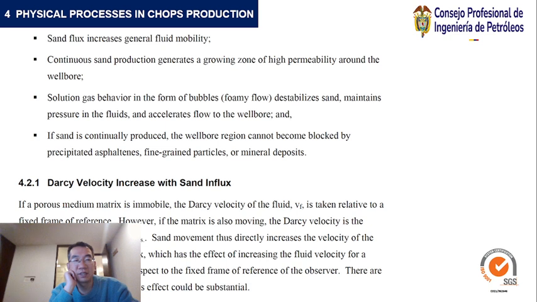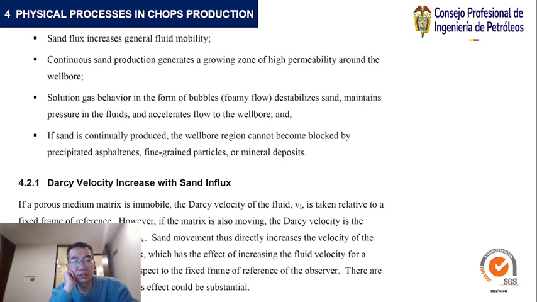If sand is continually produced, the wellbore region cannot become blocked by the precipitant and fine-grained particle or mineral deposit.